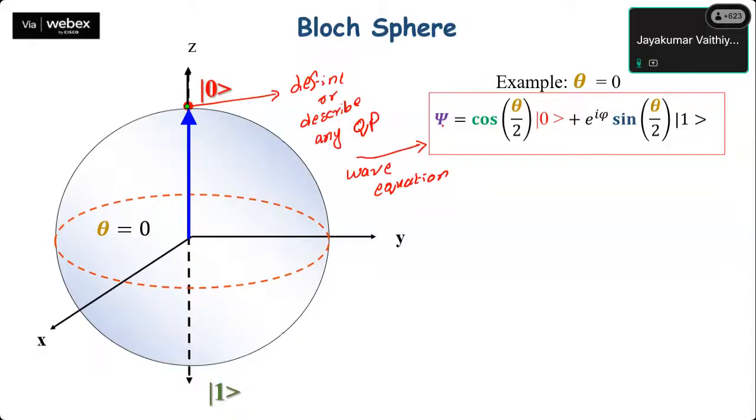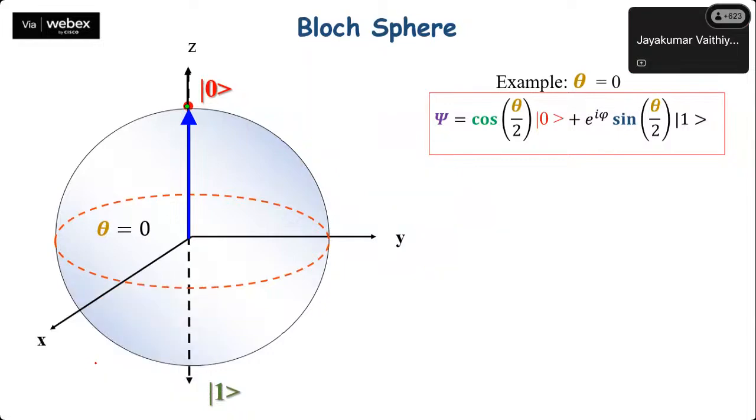So this is nothing but the quantum state, or you can say this is about the quantum particle. The radius is not different because it is a unit radius. That is why I define the radius equal to 1, always.